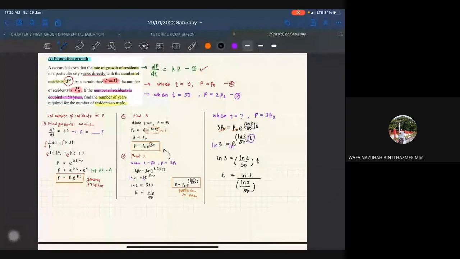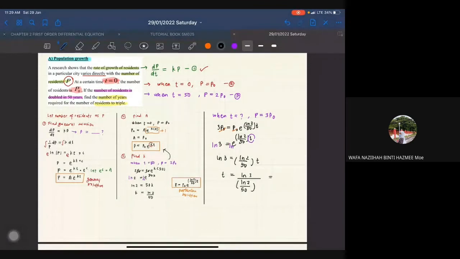Okay, so tekan calculator, apa dapat nilai ni? What do you get for this one? Siapa tekan calculator tak?